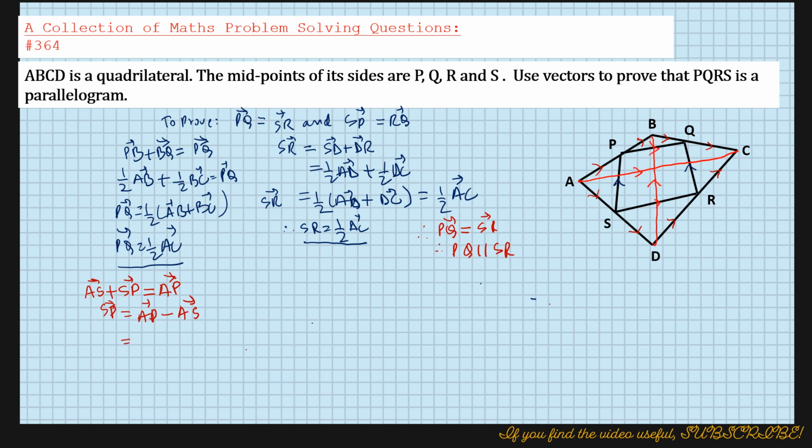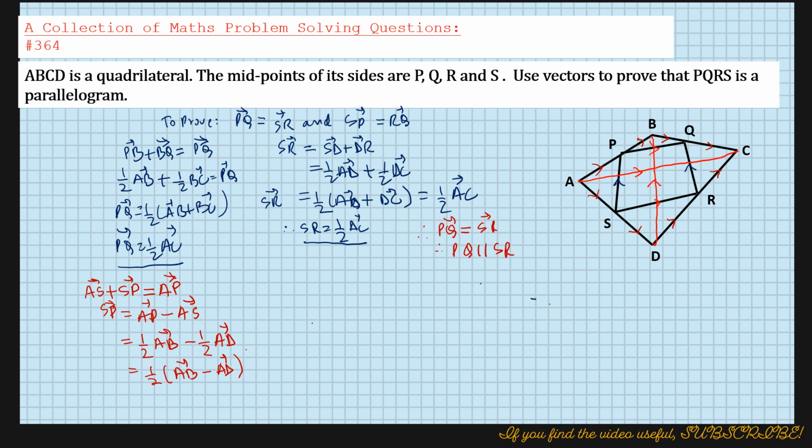That equals half of AB minus AS, which is half of AD, so half of AB minus AD. Now what is AB minus AD?